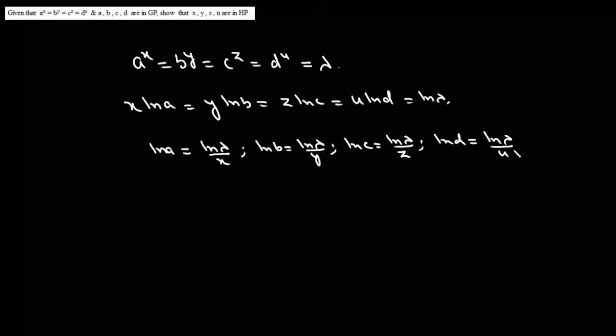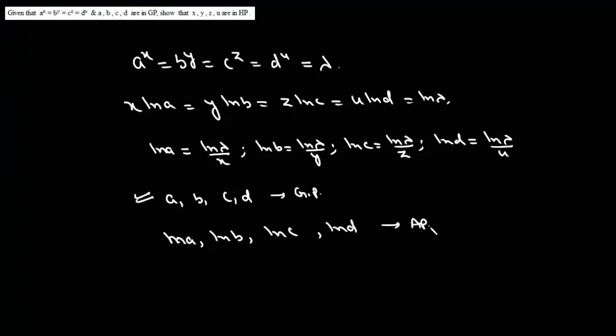Now in the question it says a, b, c, d, they are in GP. Now we know that if a, b, c are in GP, then log a, log b, log c, and log d, they are in AP. Now we'll put the value of log a, log b, log c, and log d. So there will be log lambda upon x, log lambda upon y, log lambda upon z, and log lambda upon u.